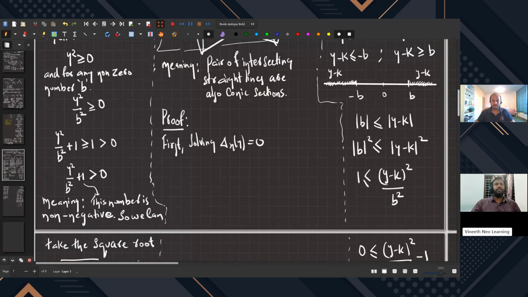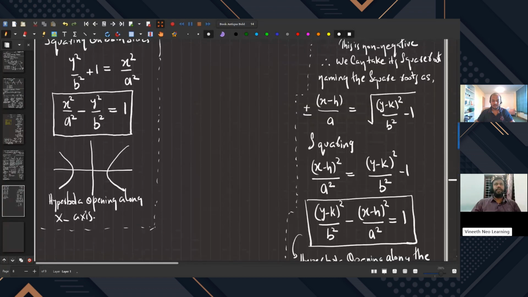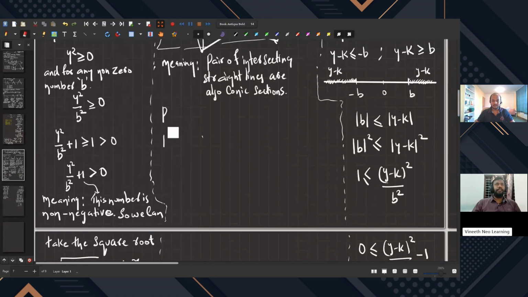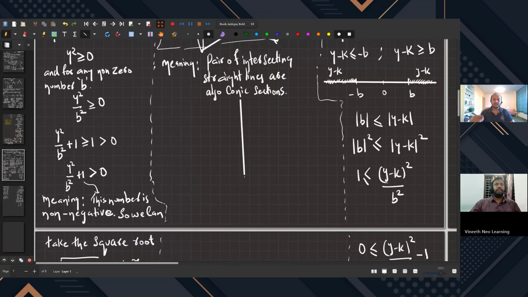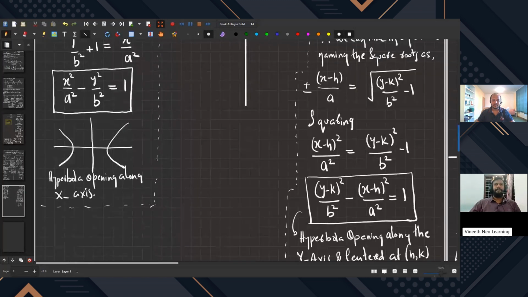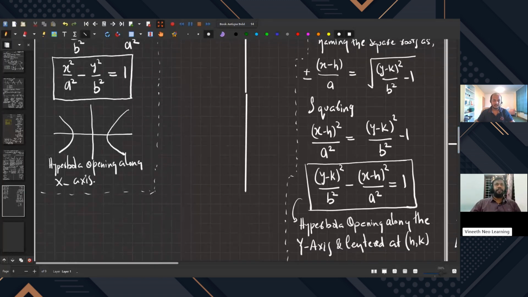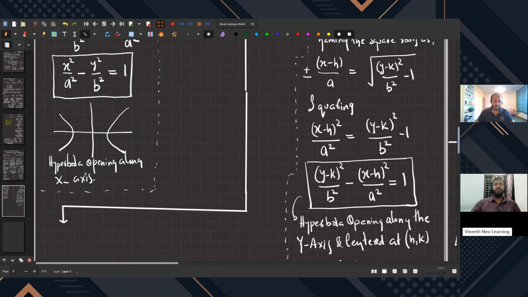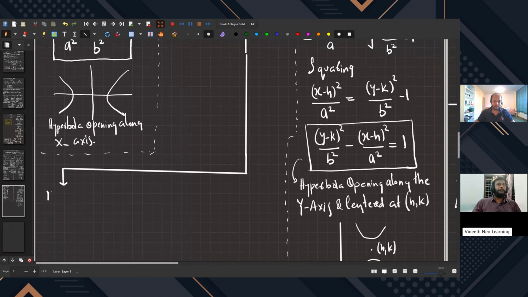I will not be able to write it in this congested space, so I'll mark an arrow here and write it down there. Proof here.